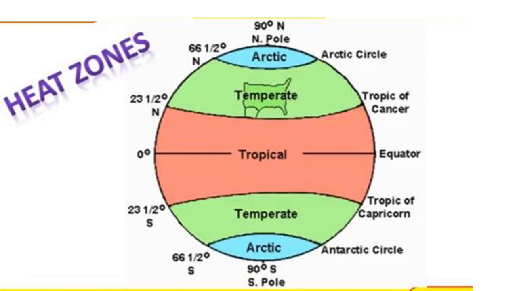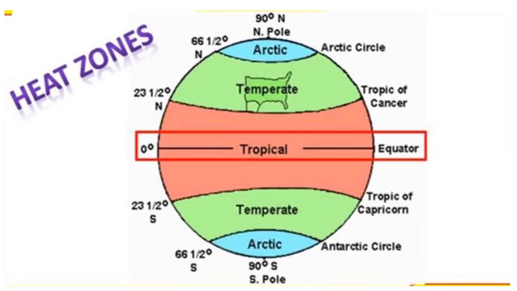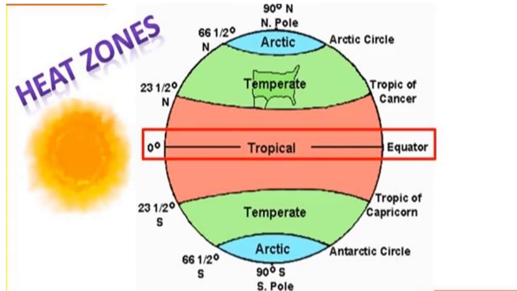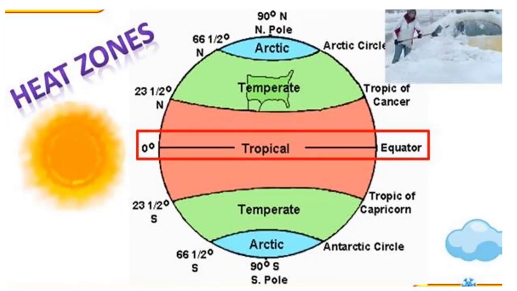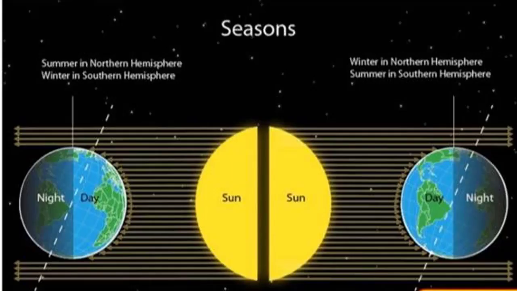The temperature zone nearest the equator is the hottest. As we move away from the equator, the temperature zones become cooler. The same temperature zones are found in the northern and southern hemispheres.